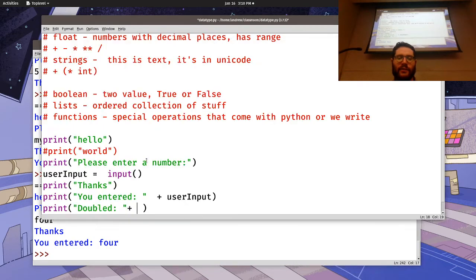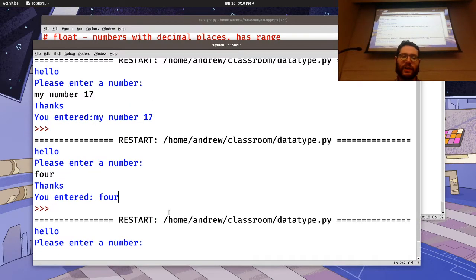Okay, doubled is equal to user input times 2. Now, this is going to run, but this is a bug, right? Because remember, I'm still dealing with text over here. And you can multiply a string by an integer.